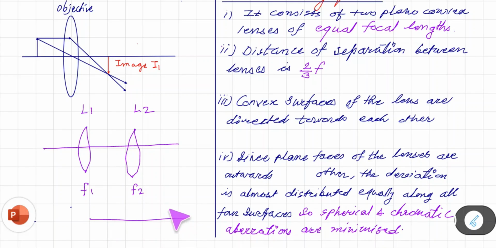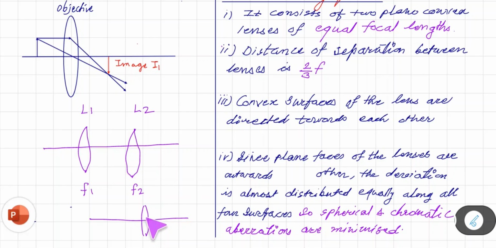If that equivalent lens is placed at a particular position, then we get the same effect which this two lens system is creating.